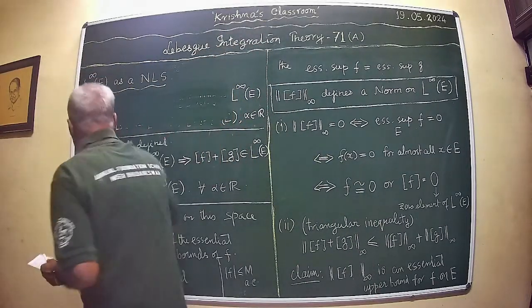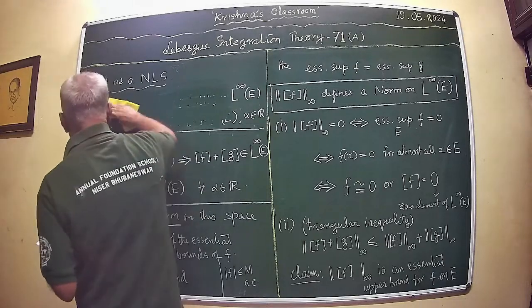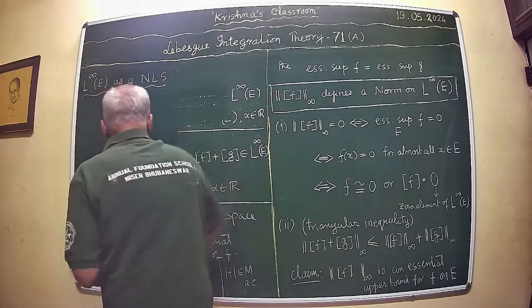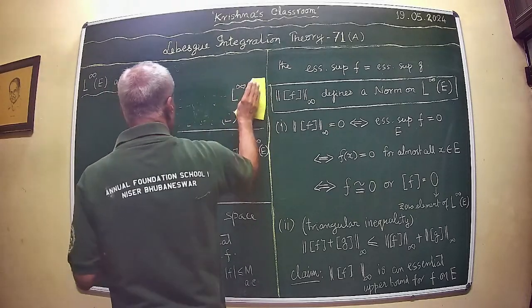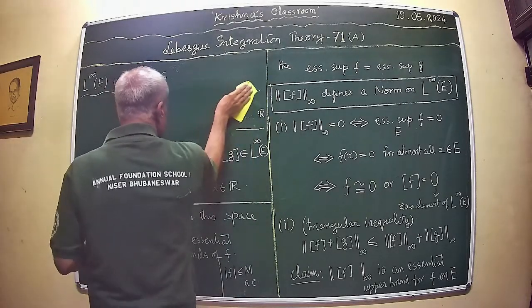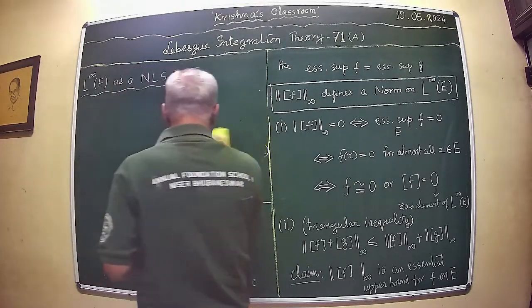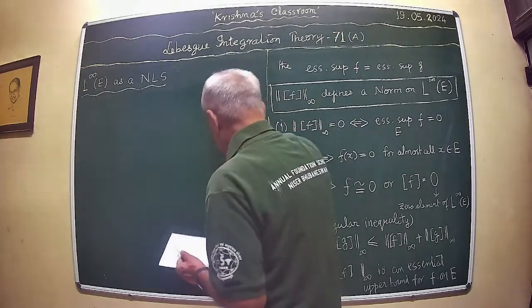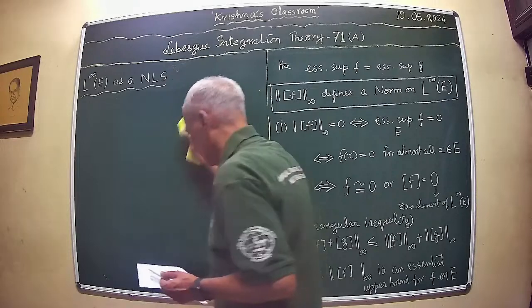Once we prove that, the triangular inequality immediately follows, because of the infimum and supremum and all these things coming together.